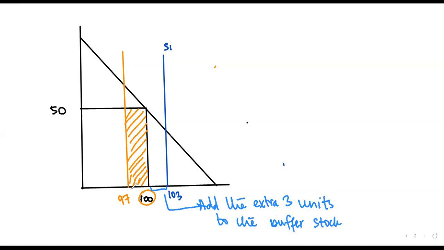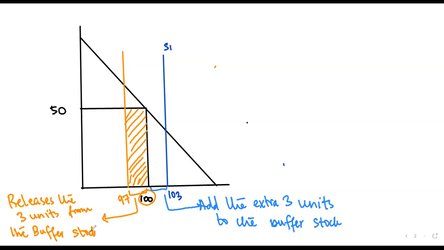Whereas over here, to overcome the shortage, the government releases the 3 units from the buffer stock into the market to overcome the shortage. Make sense to you? Yes.